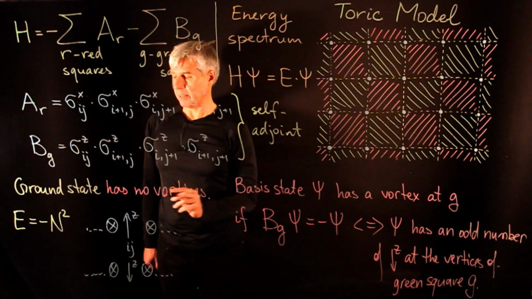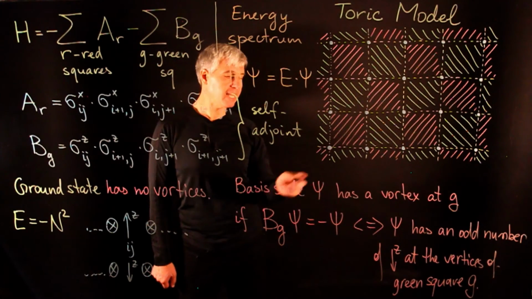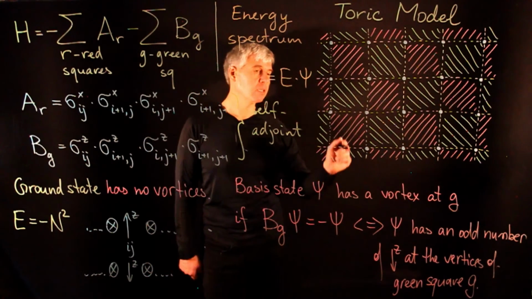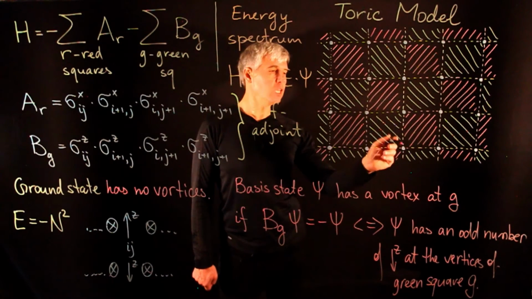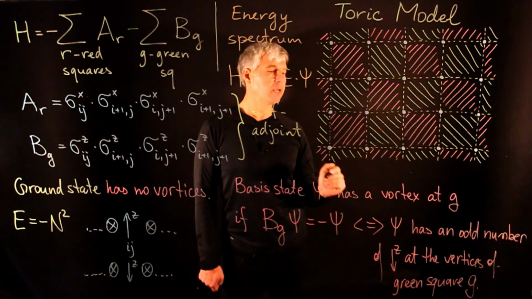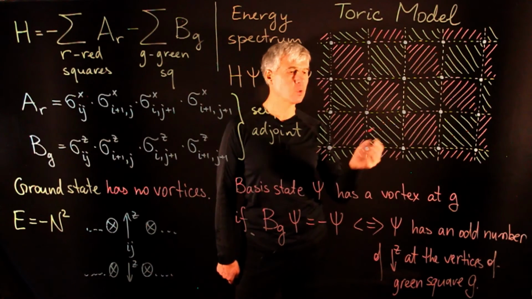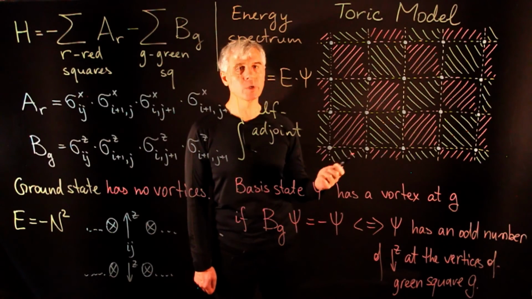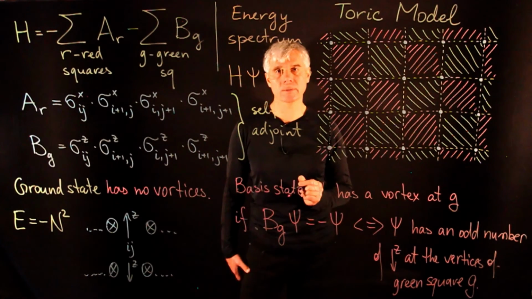So this means that it is a linear combination of basis state vectors such that each term in this linear combination has for each green square an even number of down z vectors attached to these vertices, and thus also an even number of up z vectors attached to these vertices.